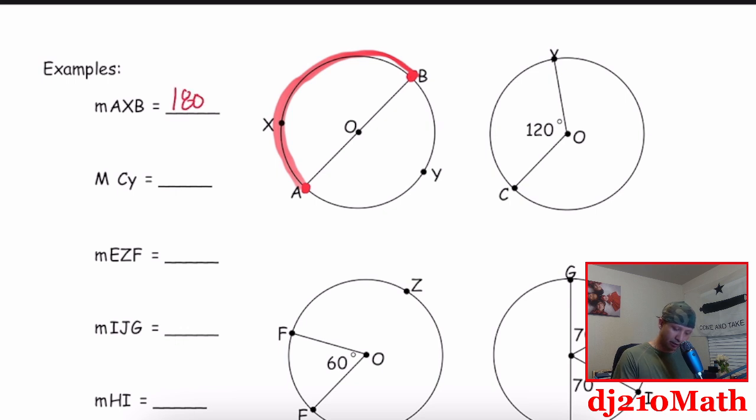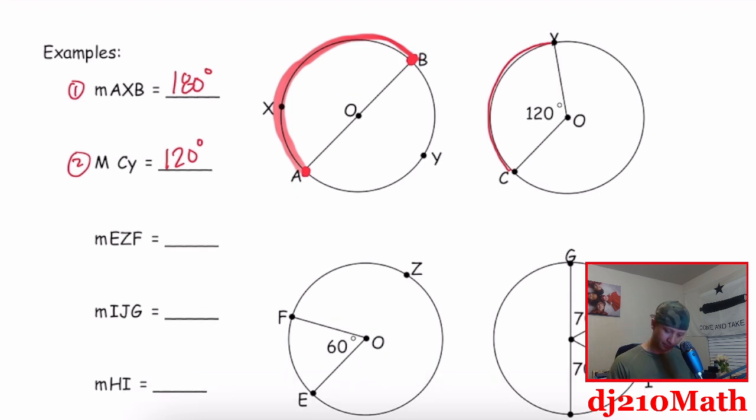So 180 degrees. Okay, number 2. So the measure of CY. So CY is here. The arc matches the central angle, so 120. It's kind of nice when the arc matches the central angle.